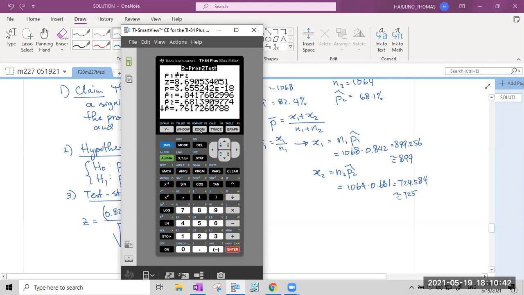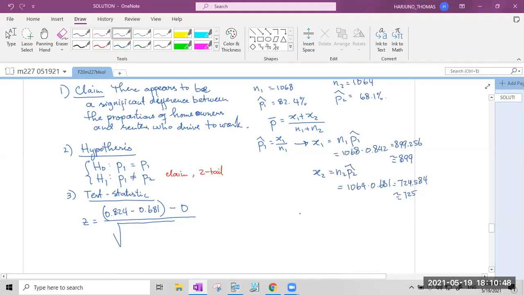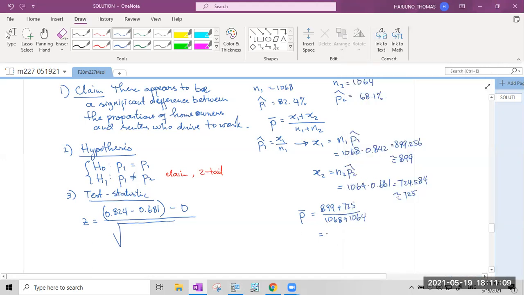Calculate. Okay, so let me write my P bar here. P bar is 899 plus 725 over 1068 plus 1064. My P bar is 0.76173.